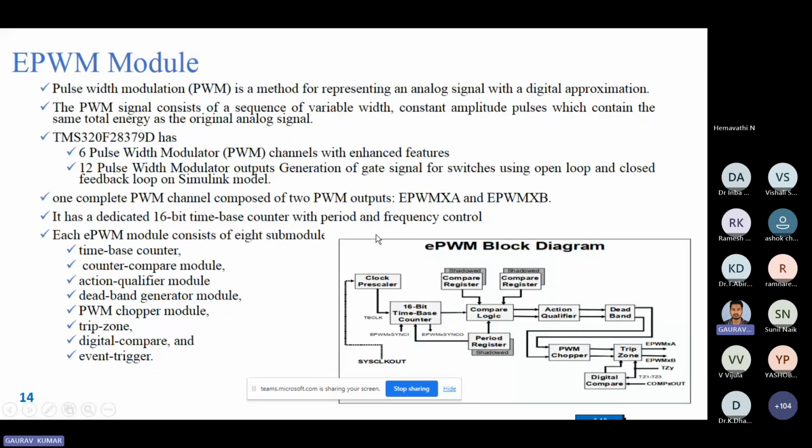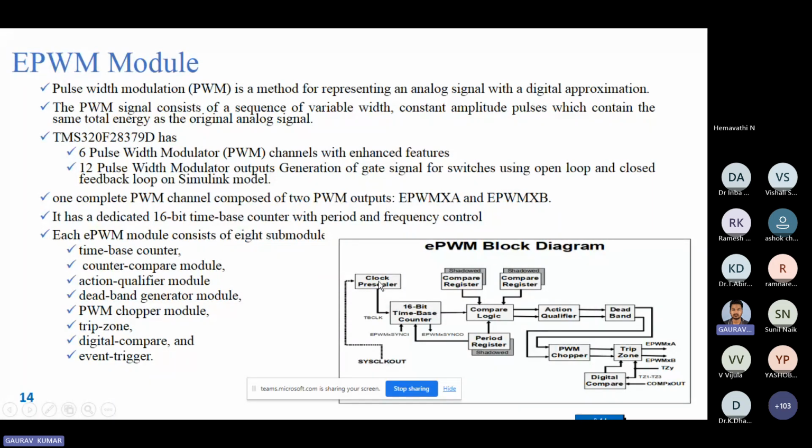The EPWM module, the pulse width modulated module. This is the EPWM block diagram, in which we have the system clock. As I told you, the C2000 microcontroller has a 200 megahertz system clock, and it is given to the clock prescaler.